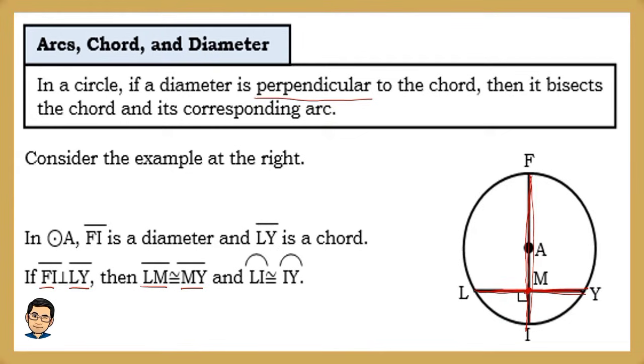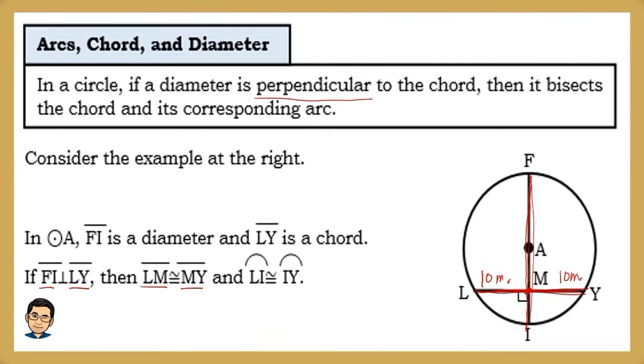So, halimbawa, yung LM 10 meters, and yung MY 10 meters din. So, anong kabuuang sukat nung chord na yon? Siyempre, add lang natin yung 10 tsaka 10. So, that is 20 meters. So, since binisect siya nung diameter, mahati po yung 20 sa dalawa, kaya naging 10 meters each.